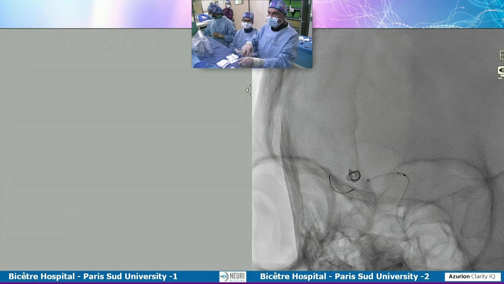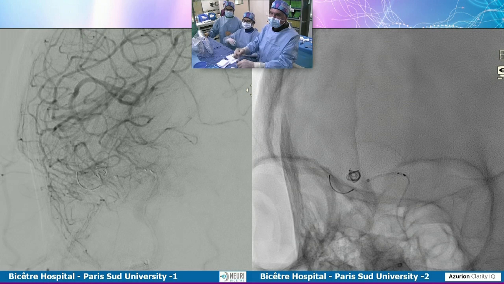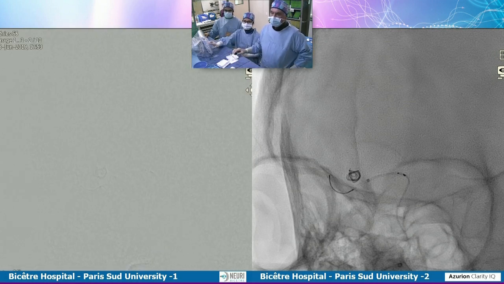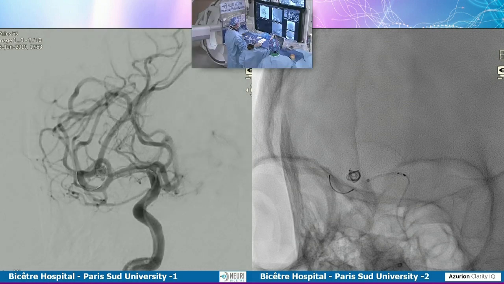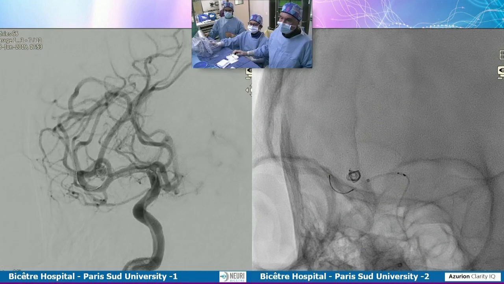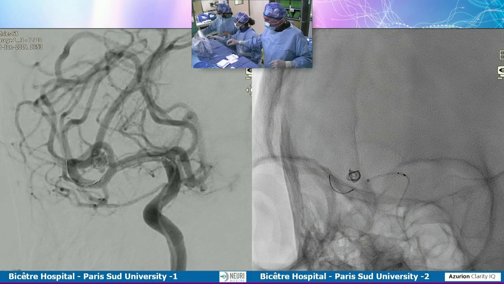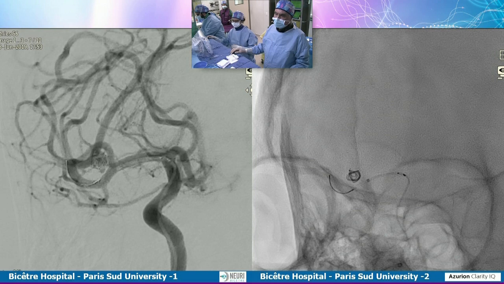So this is the control angiogram. It's not completely open, but it looks to be properly placed.